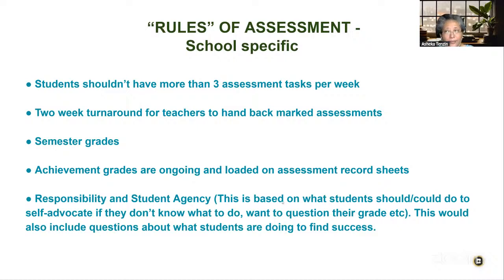So there is this complaints policy also, right? If the student says, no, this is not fair, then what is the complaint policy? Can they go and talk to the teacher? Can they go and talk to the coordinator? What is it? This would also include questions about what students are doing to find success. So responsibility and student agency is also important.